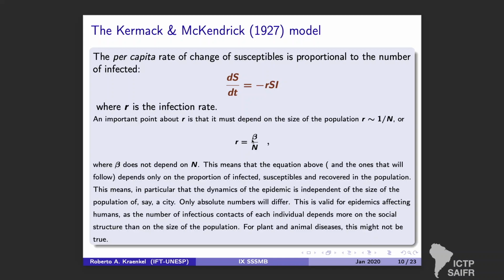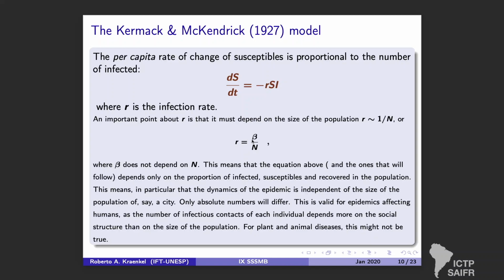It's more or less what you said, but the idea is that the structure of contacts is connected to human society, and the number of people that you meet and potentially have contacts that could transmit the disease does not depend on the size of the city.